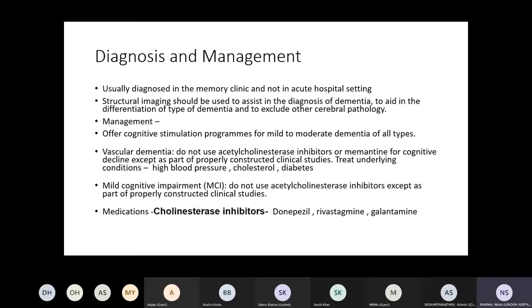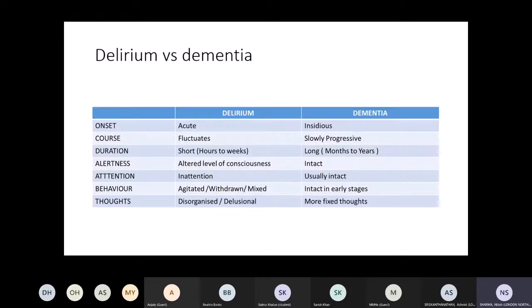In mild cognitive impairment, do not use cholinesterase inhibitors except as part of a clinical study. So, what would be the medications? Cholinesterase inhibitors like donepezil, which is the first line, rivastigmine, and galantamine.